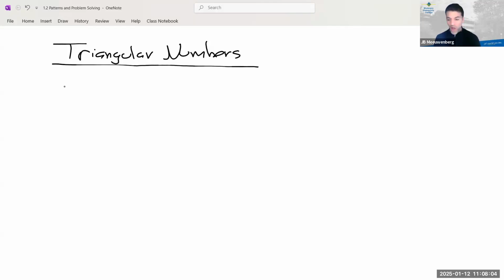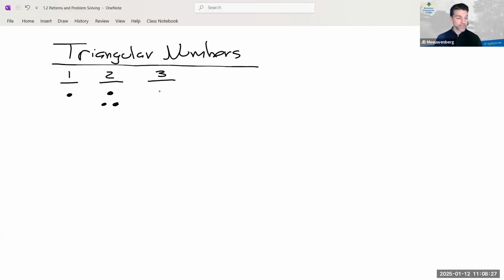So the very first one, I'm going to make our sequence using dots first, right? So our first is just 1 dot. Our second is 3 dots.